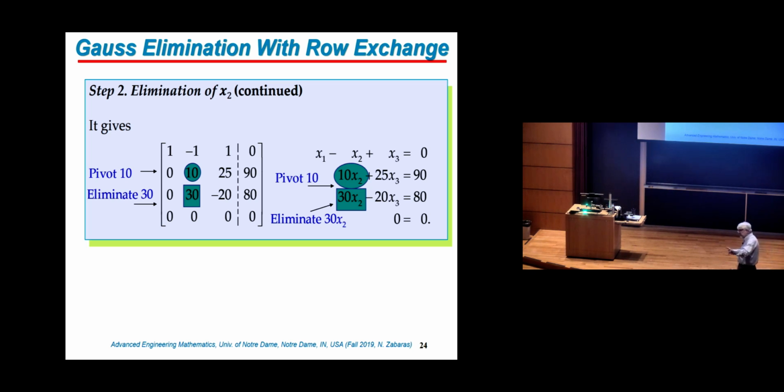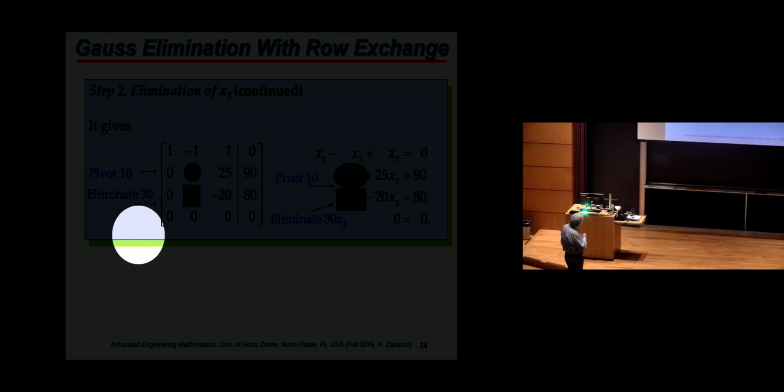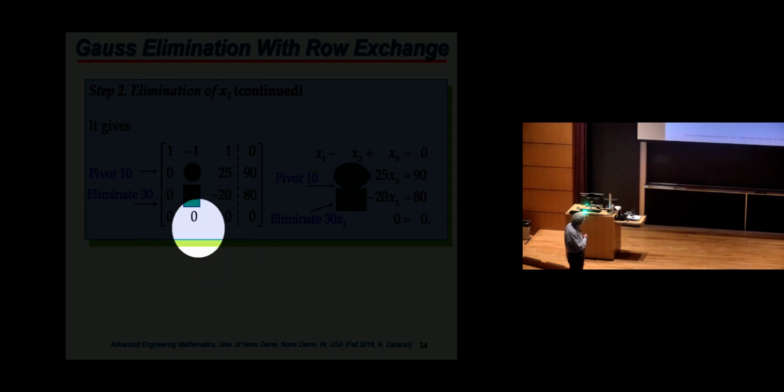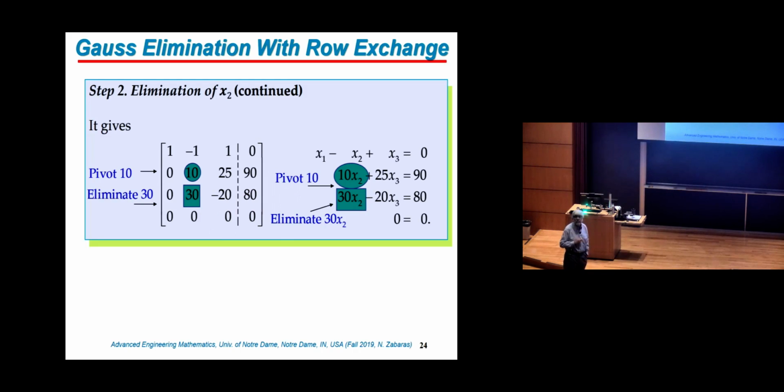Before I continue, let me say something, and we will see this explicitly in the notes later on. When elimination in the second row gave us this 0, 0, 0, somehow we were very lucky. You know why? Not because these things came to be zeros, but because the right-hand side also came to be 0.